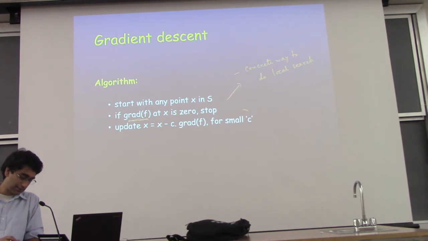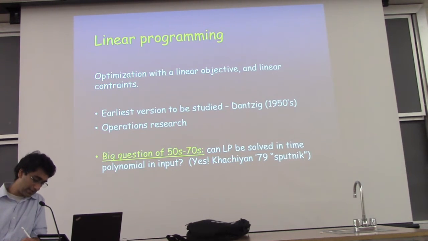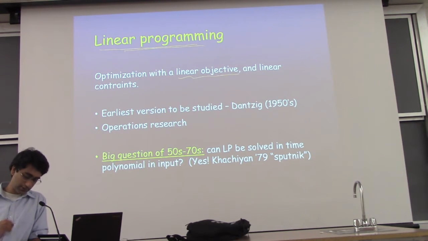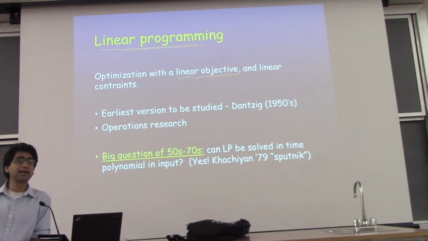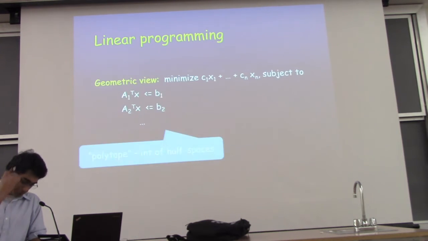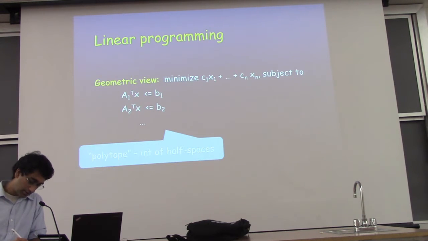So we'll look at the specific case, which is called linear programming. This is a special case of convex optimization where you have a linear objective and all the constraints are actually linear. So what does that mean? Let me give an example here. Let's say you have variables x1 through xn.